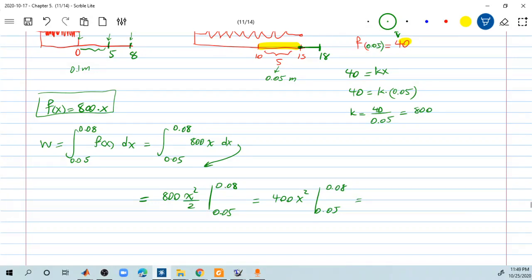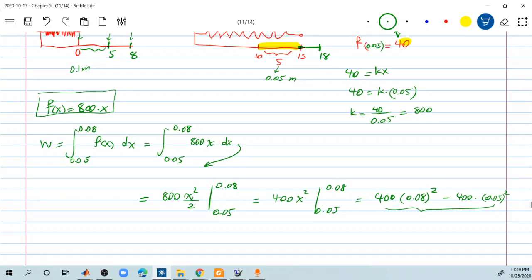And if you replace these numbers and simplify, you can figure out the value. Let me do that too: 400 times 0.08 squared minus 400 times 0.05 squared. Try to calculate this and figure out what that number is.